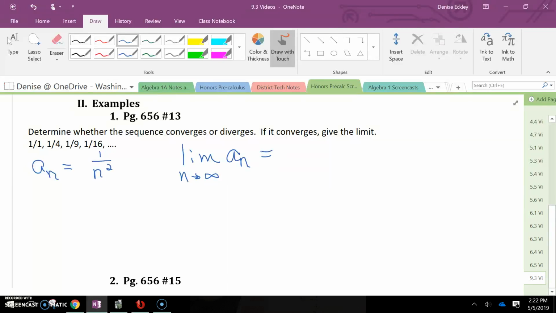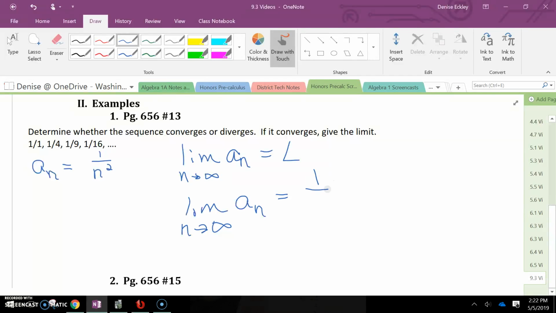So in this case, we're going to use our rules that we know about horizontal asymptotes, because that's what we want. We want this to flatten out, if it were a function that we would graph, to a specific number. So we're going to use our 3 rules about the degree of the numerator compared to the degree of the denominator.